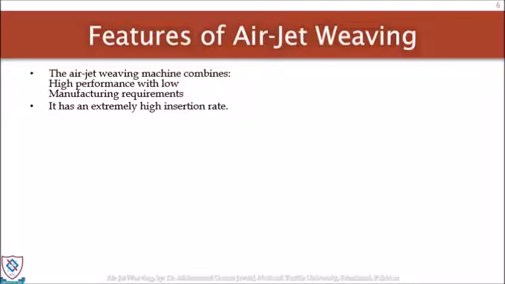And also the manufacturing requirement is very less as compared to the other weft insertion systems. For example, in rapier we need more space, and there are a lot of mechanical parts, and that is why its requirement as a weft insertion system is relatively very less. So that is why it is very popular.